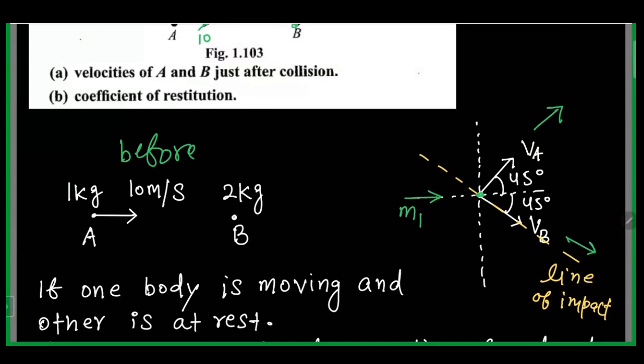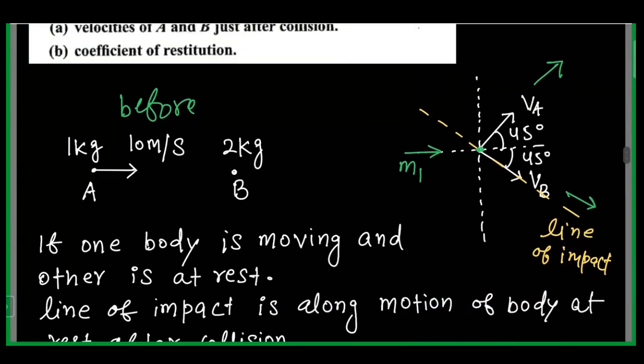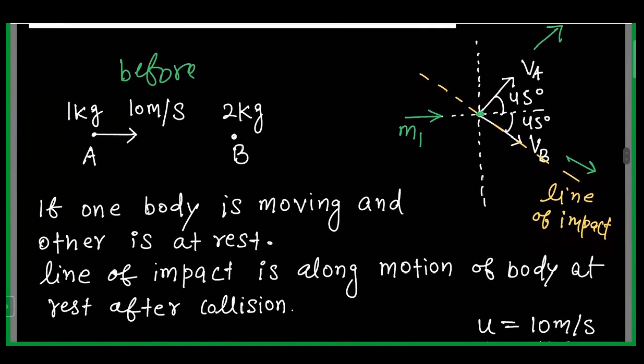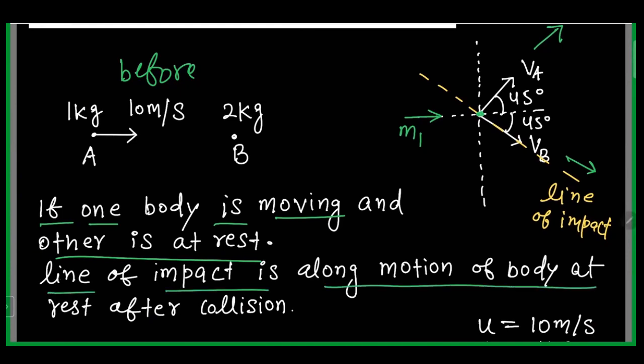First thing we want to know is the line of impact. How do we find the line of impact? There is one short trick. If one body is moving and the other is at rest, which is our case, then the line of impact is along the motion of the body at rest after collision.